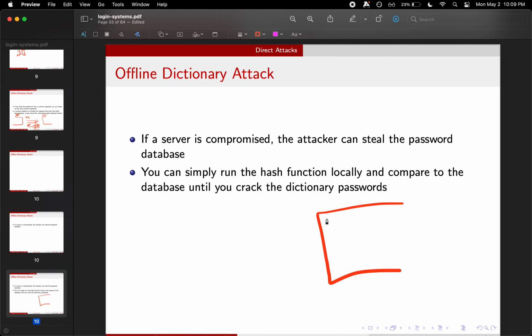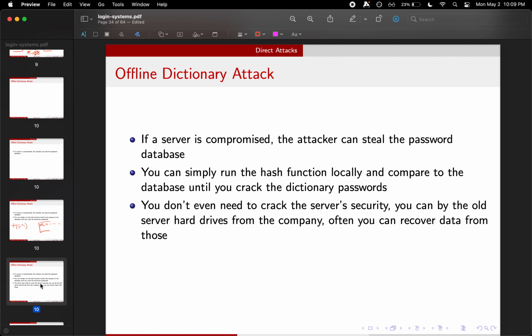So in the database, right, you have your verification key that corresponds to this complicated hash. And you can just brute force passwords from your list until you hit that verification key.